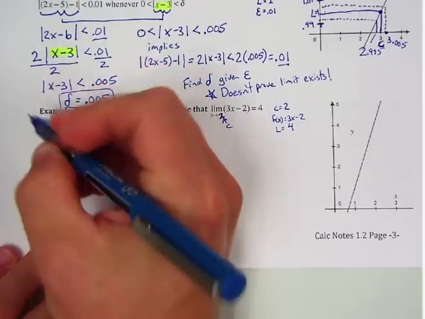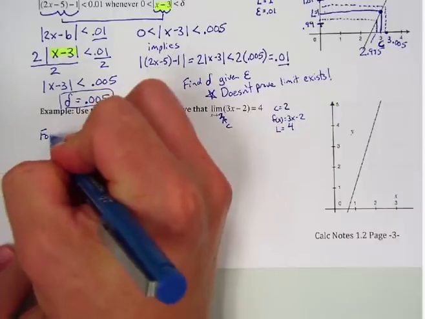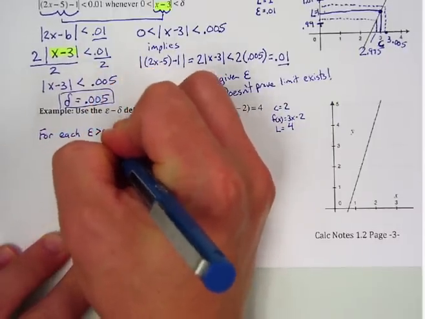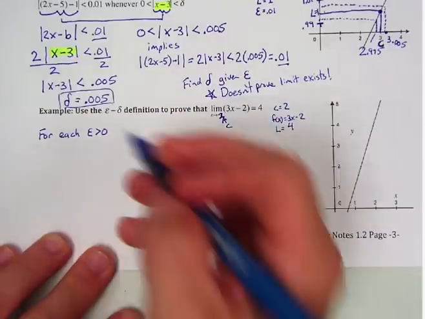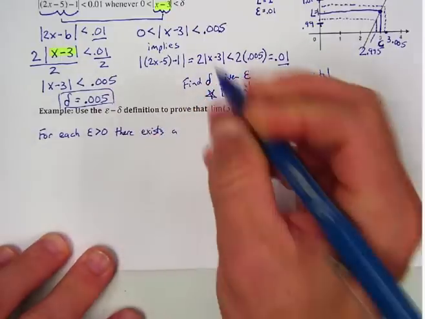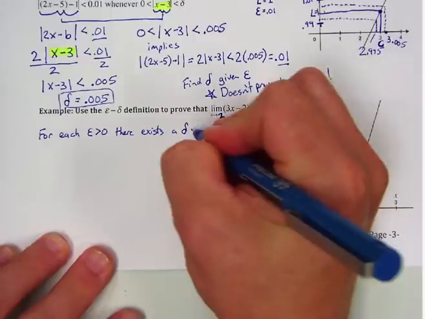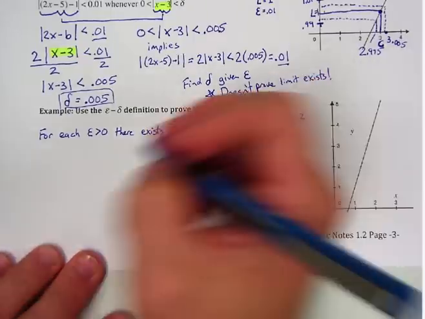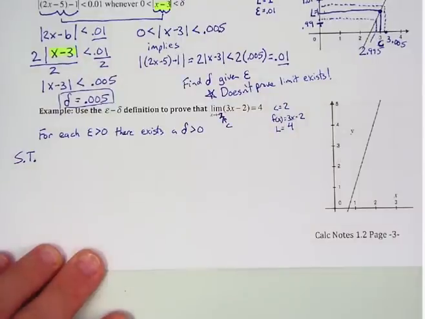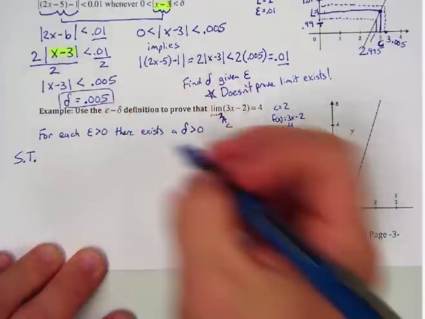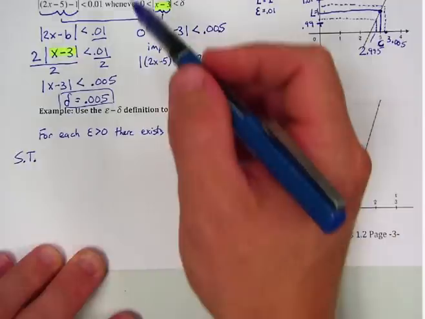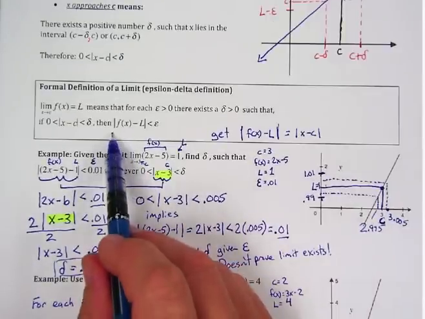So we're just going to start by writing: for each epsilon greater than 0, because we're doing it for all of them, there exists a delta greater than 0 such that. And what we want to do here is start with our definition, but start with the second half of the definition.